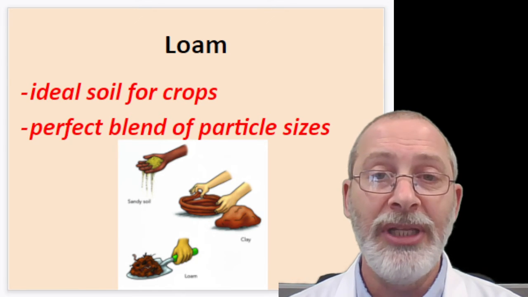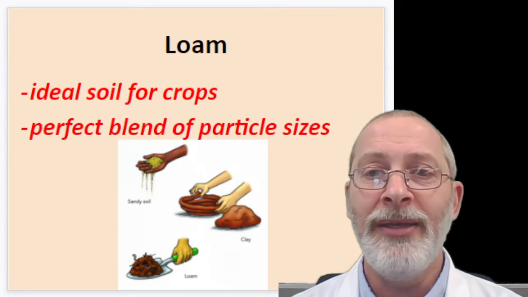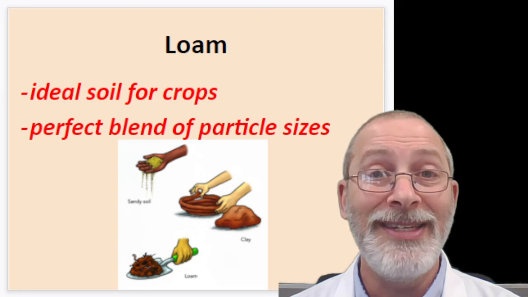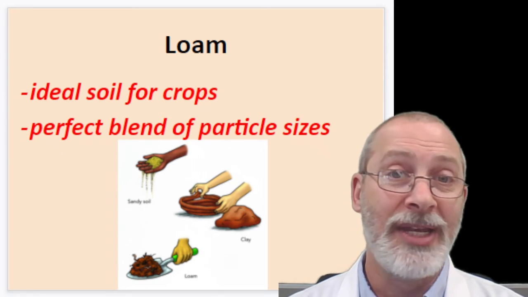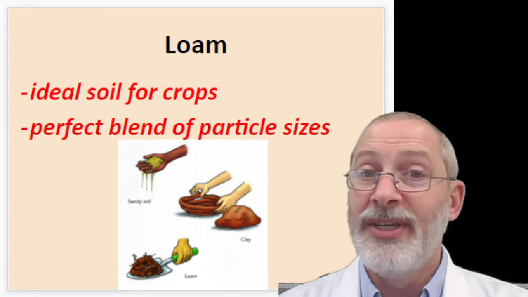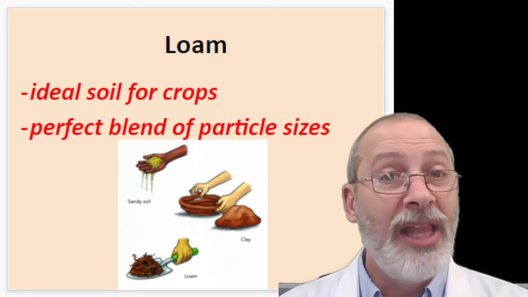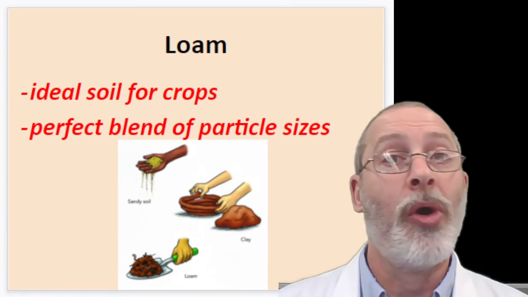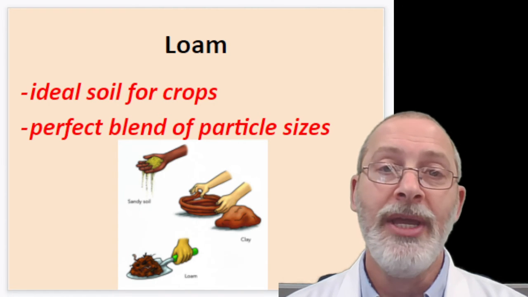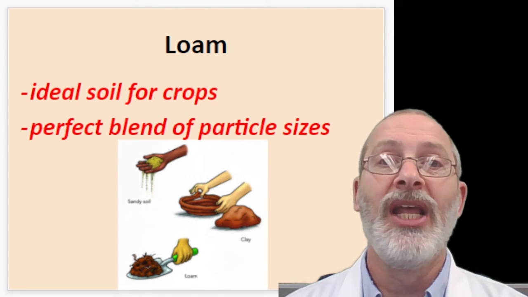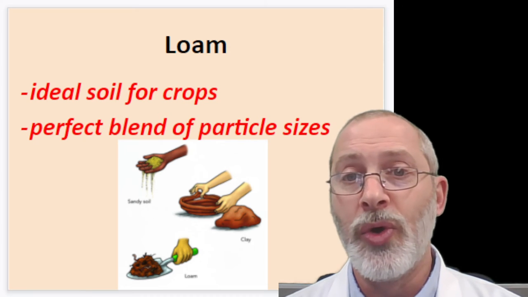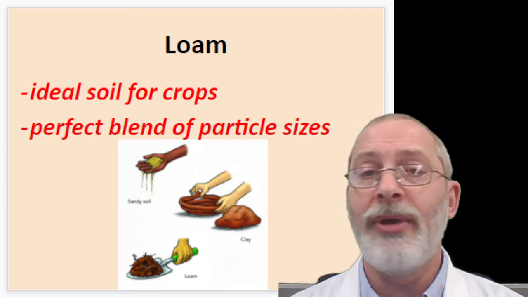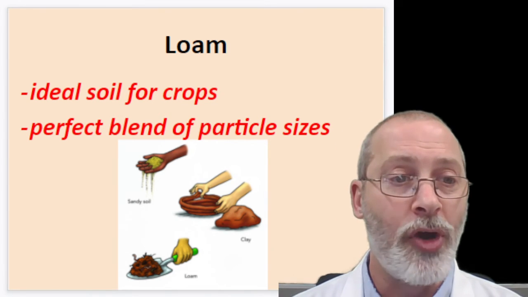It is literally a perfect blend of particle sizes for growing plants. It has enough silt, sand, clay, gravel to give the ideal porosity and texture that most plants love. And so loam soils are the ideal soil for farmers.